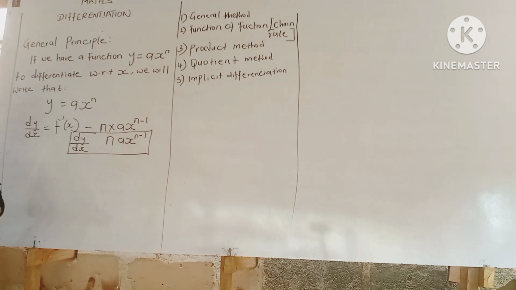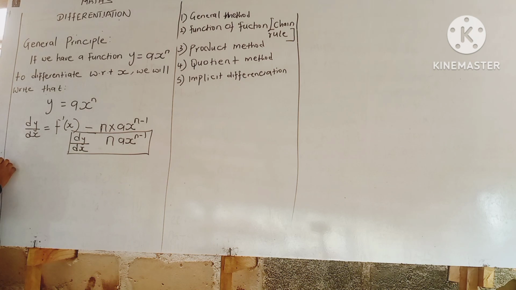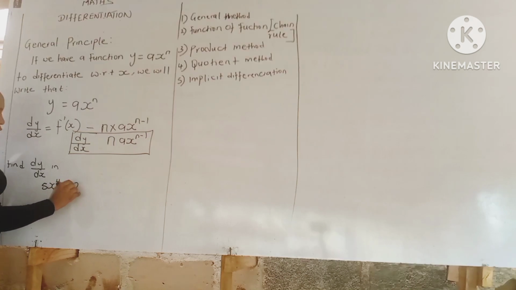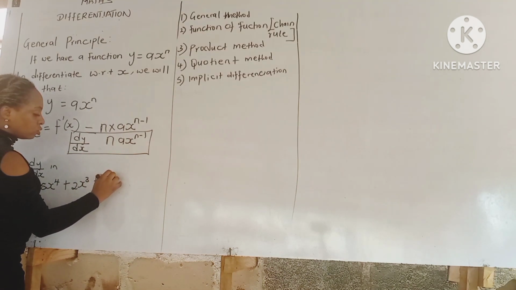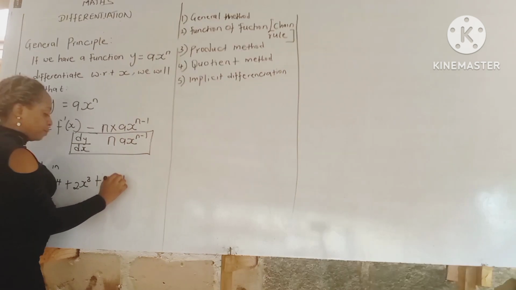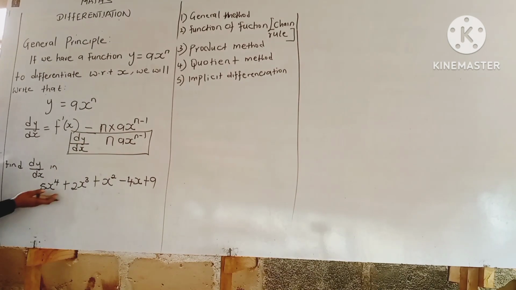So let's start differentiating. For example, if they want you to find dy over dx in, for example, 5x raised to power 4 plus 2x raised to power 3 plus x raised to power 2, and so on, that is the differentiation of this. So how are we going to do it?